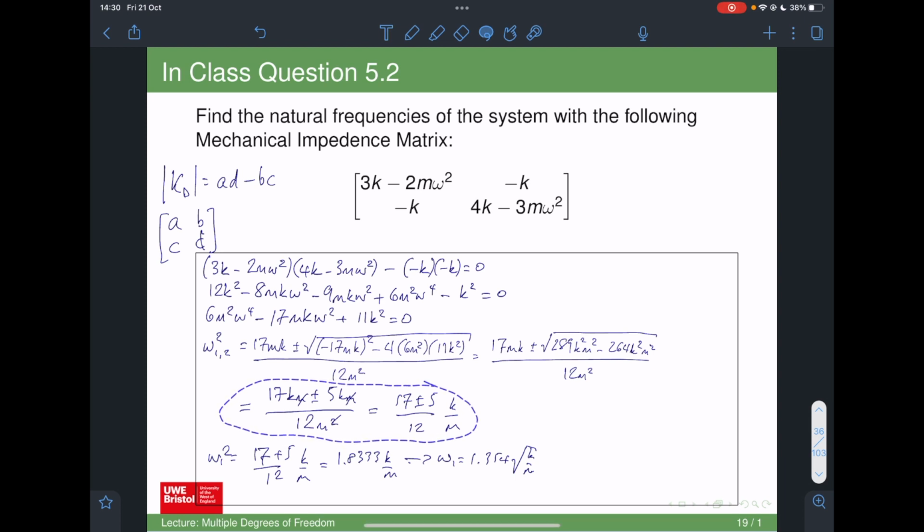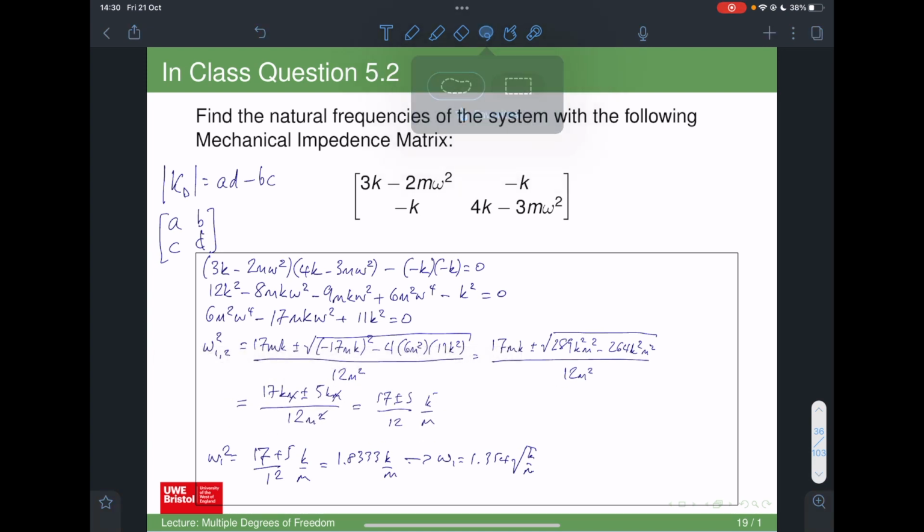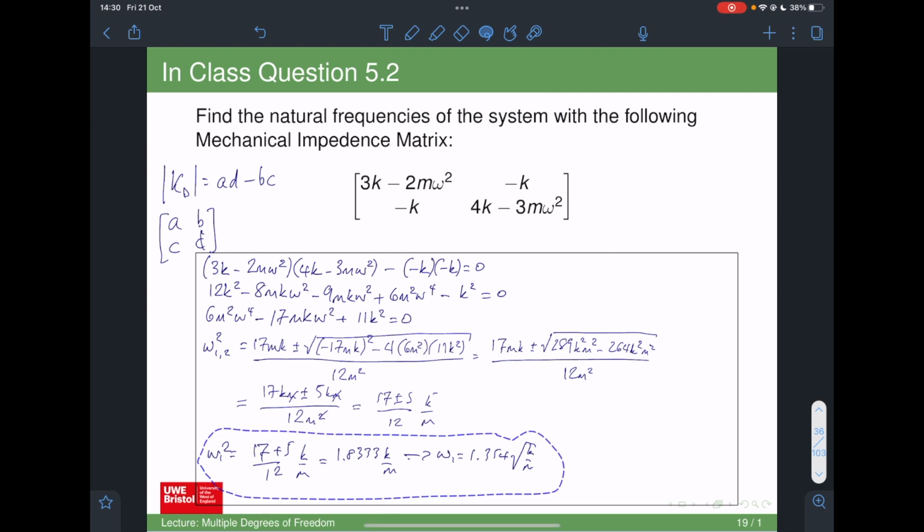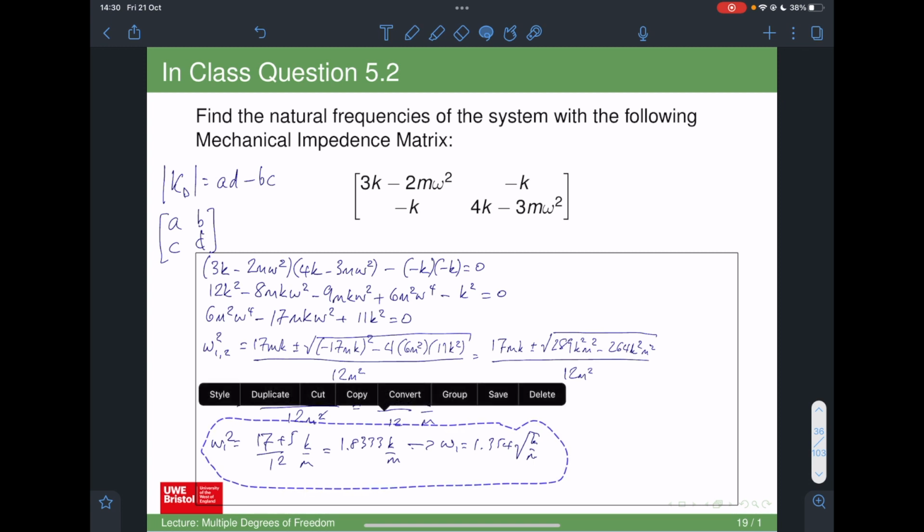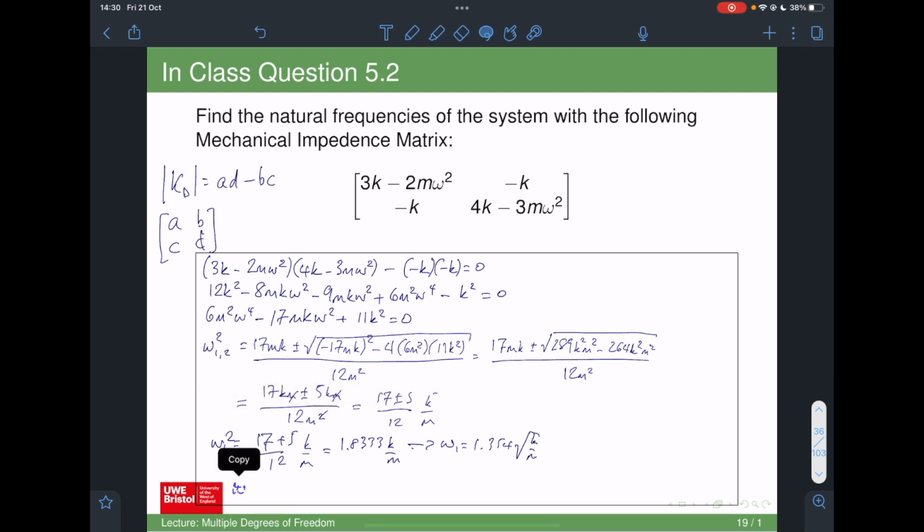Omega 2 squared is 17 minus 5 divided by 12, k upon m.